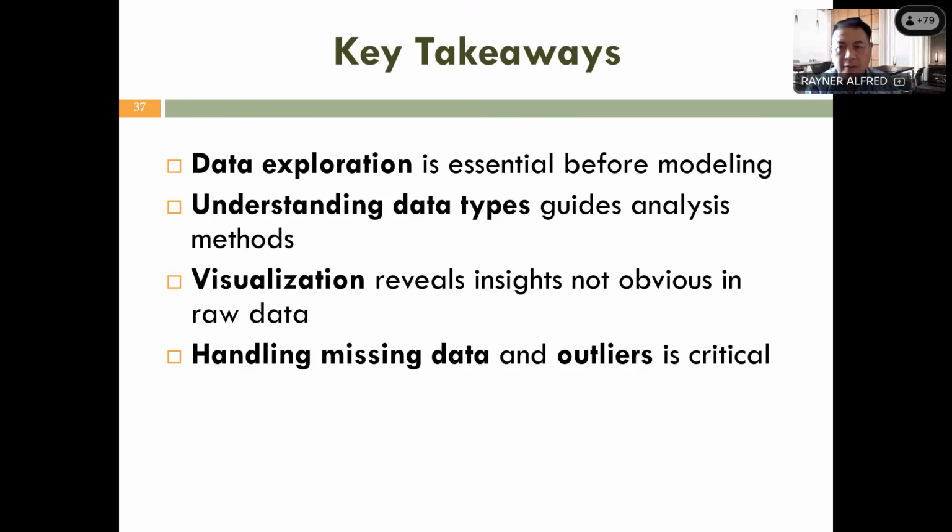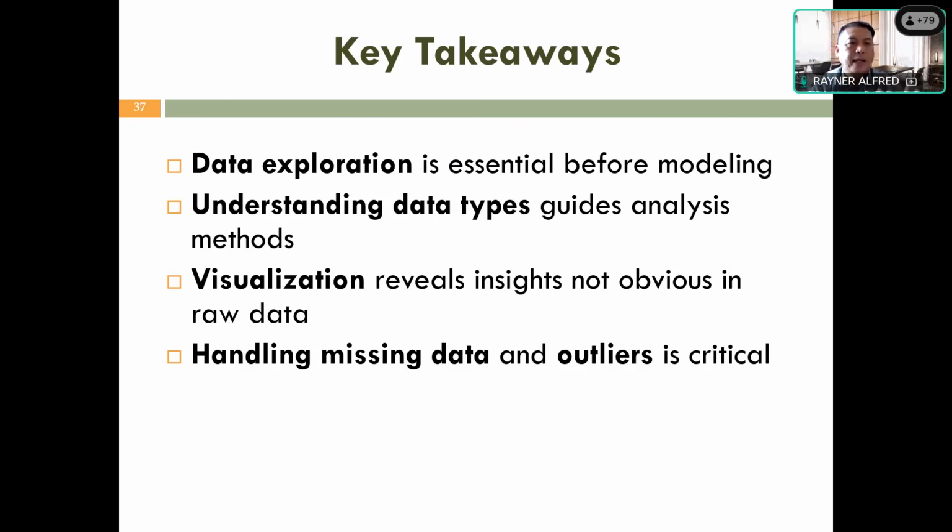So we have covered the whole 5 parts. The key takeaway here is that you need to do data exploration, because this is the most essential part, I believe. Before you can prepare your data, you need to understand your data first. So what each column represents, its description, and then you have to look at how many data types you have, string or numerical.